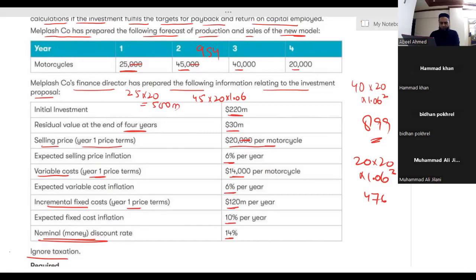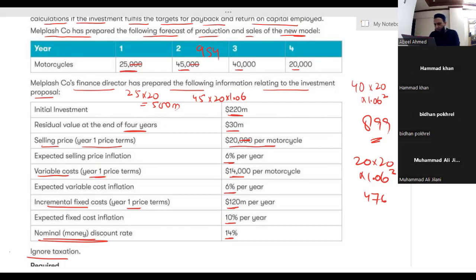We are calculating part A, solving the first part of that, NPV. Project life is, I believe, 4 years. 0, 1, 2.